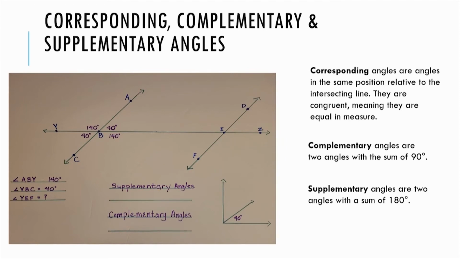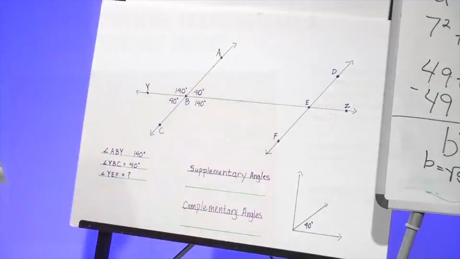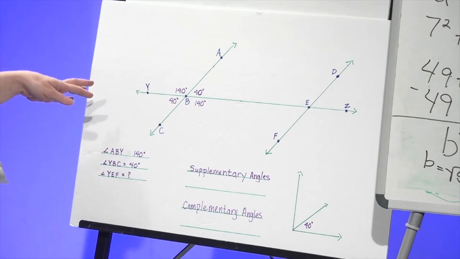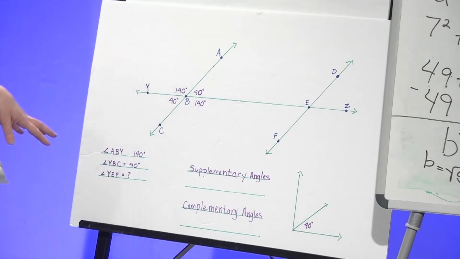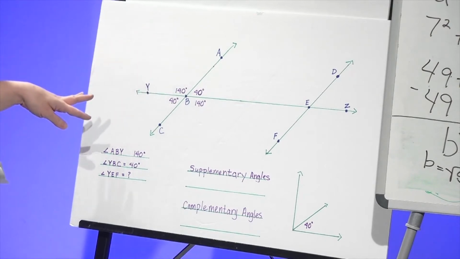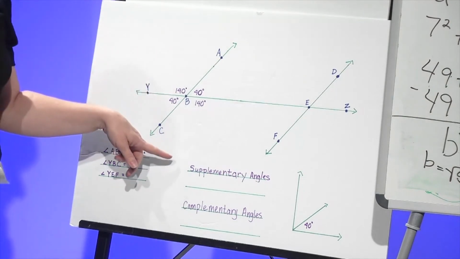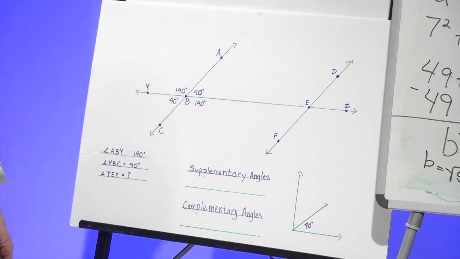If we look back at our chart, some of this I have filled in. It's the same as what you have on your PowerPoint, but we are going to fill in some of these answers and talk about what these terms mean.